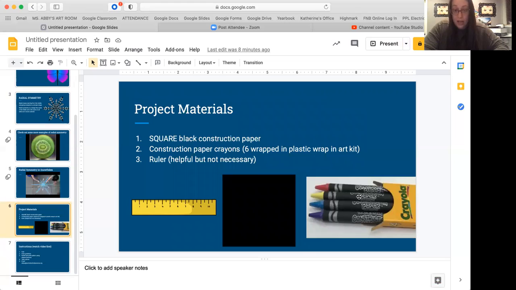Our paper is black, so these crayons will show up on black. Regular crayons will not show up on black construction paper, but these ones are special. You got 6 crayons in your last art kit, and they were all wrapped in a piece of plastic wrap, so you'll need those. And if you have a ruler, it will be helpful, but it's not necessary for today.